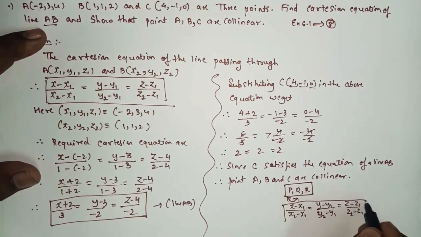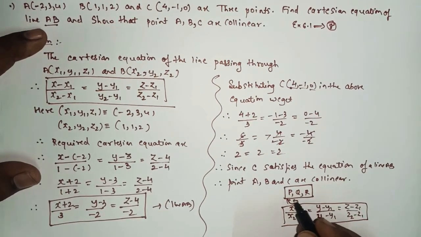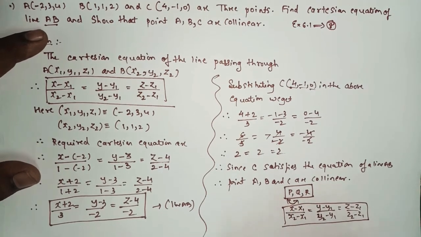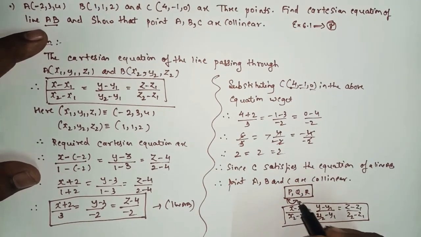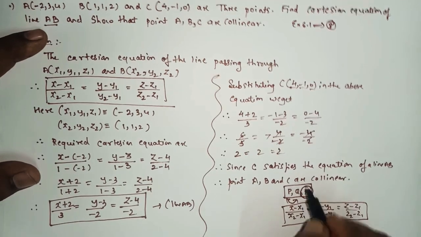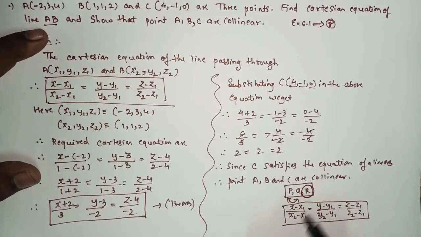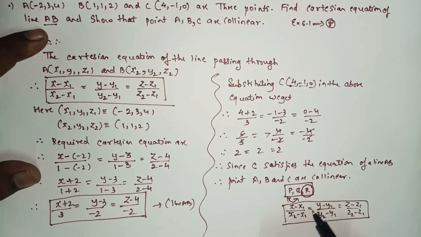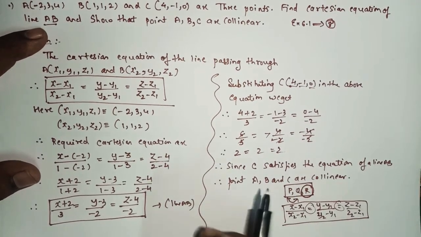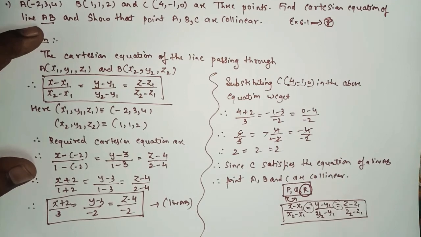After finding the Cartesian equation of the line AB, you will substitute the value of the third point in the required equation, and if all the ratios are equal, we can say the points are collinear.